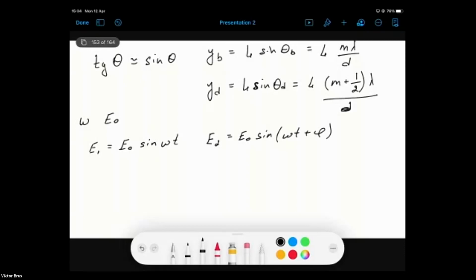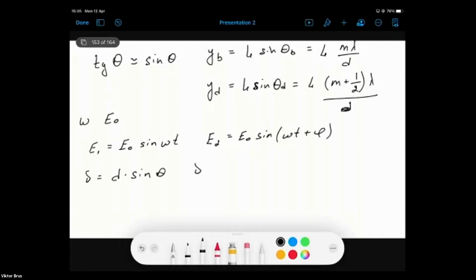And this phi is the phase difference. So just to remind, this delta is difference in the path of two waves, is equal to d times sinus theta.